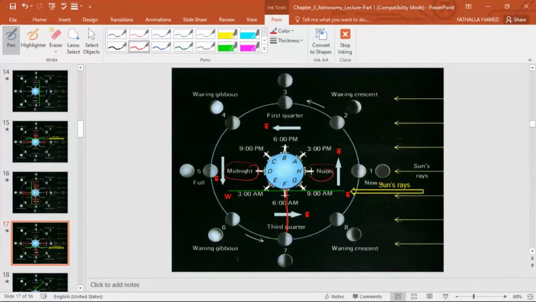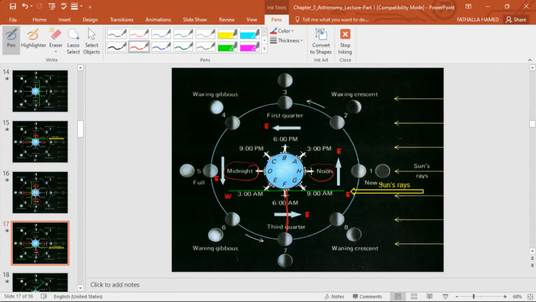So that's basically how we look, and that's why I told you should not be surprised if you see the moon during the day. It depends on the time the moon rises and the moon sets and where the moon is in the sky. Now, crescents are very hard to spot because of what?